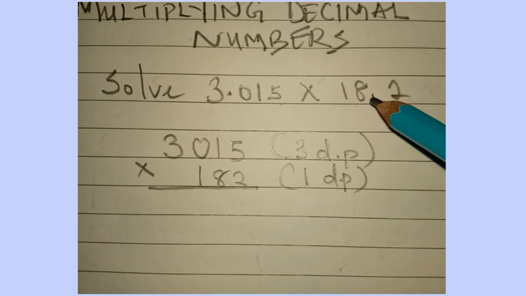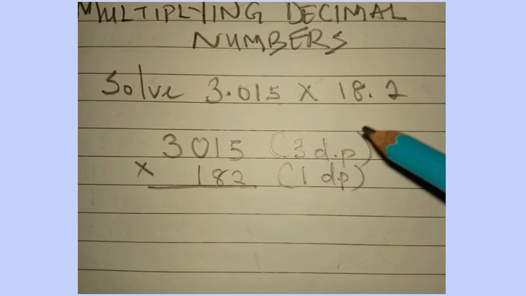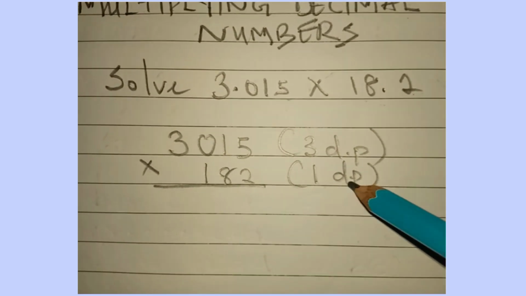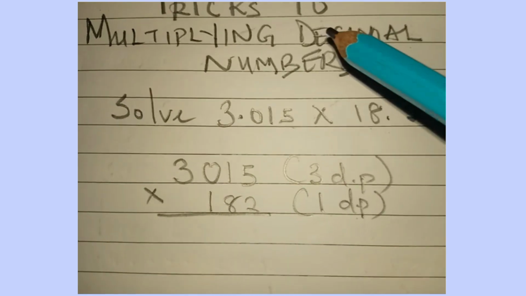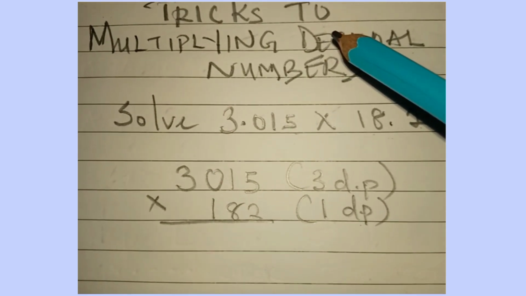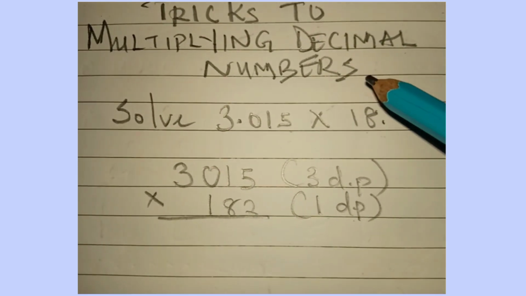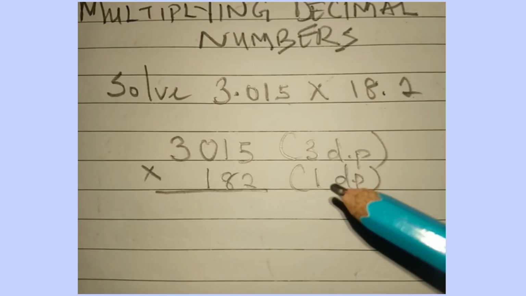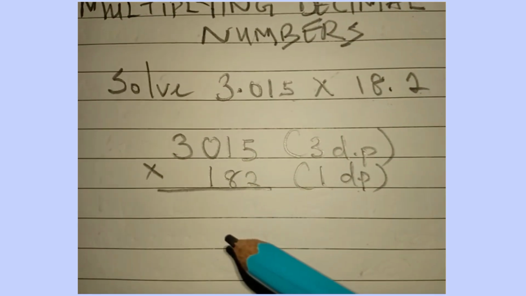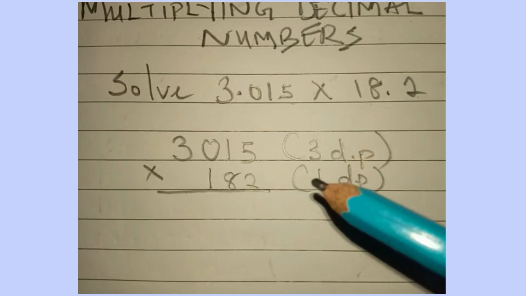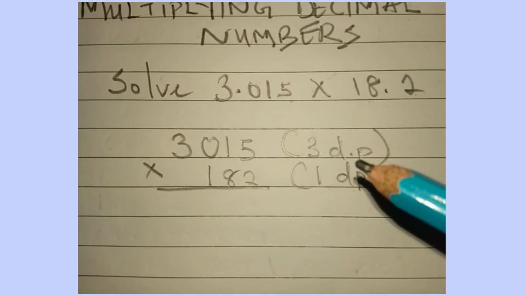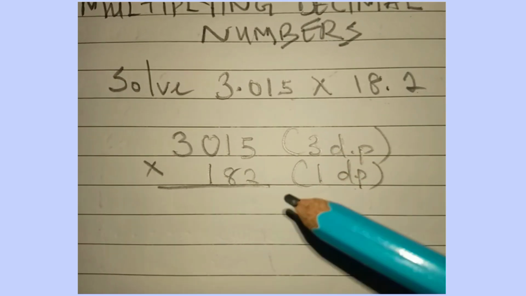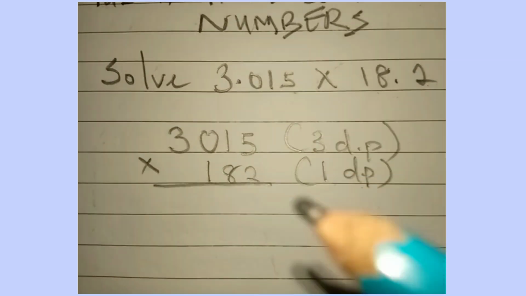And after the decimal point here, I have one number, and that's why I have one decimal place. Remember, we're trying to look at the tricks to multiplying decimal numbers. So when we do this, it is easier for us to multiply these numbers without stress. And when we're through, I'll tell you what to do. Without further ado, let's work this together.